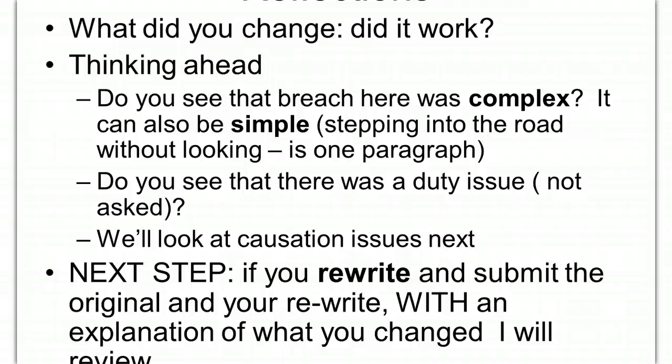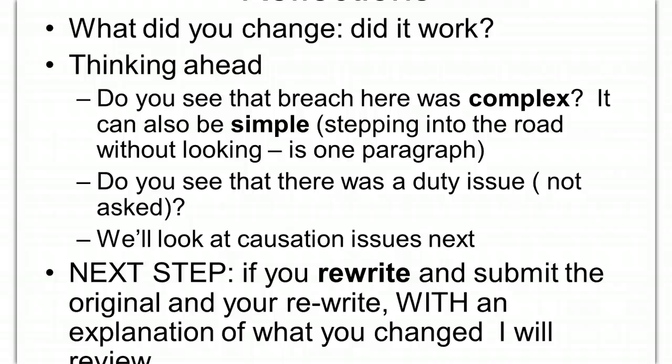Thinking ahead. One erroneous conclusion students sometimes draw is that they believe that breach has to be complex. It is true that in this fact pattern, breach was complex. However, breach can also be very, very simple. For instance, if I step into the road without looking, I pose a high risk of being hit by a car, so a significant probability of serious injury.